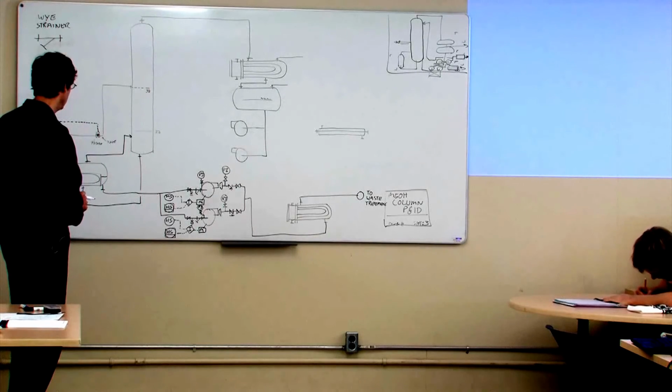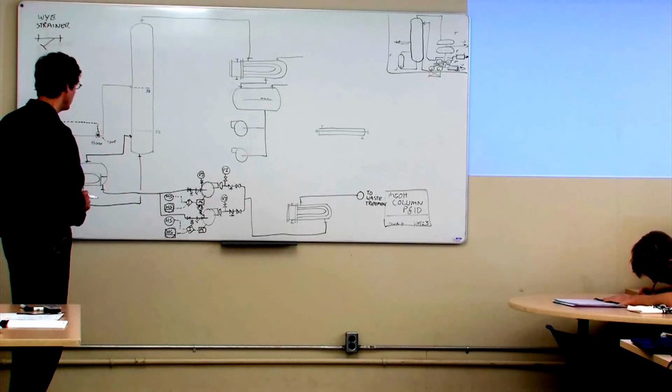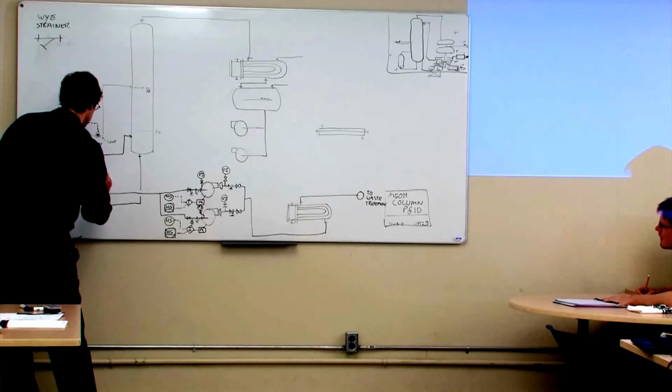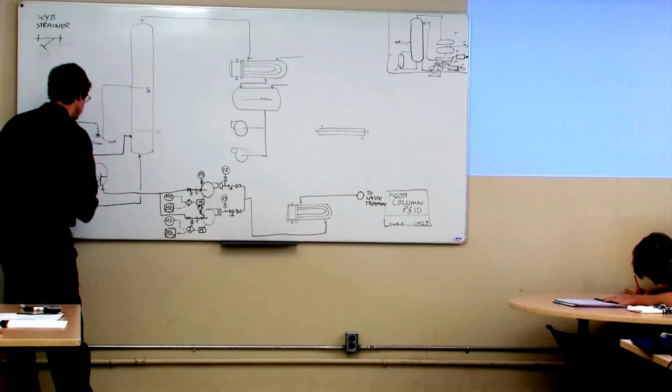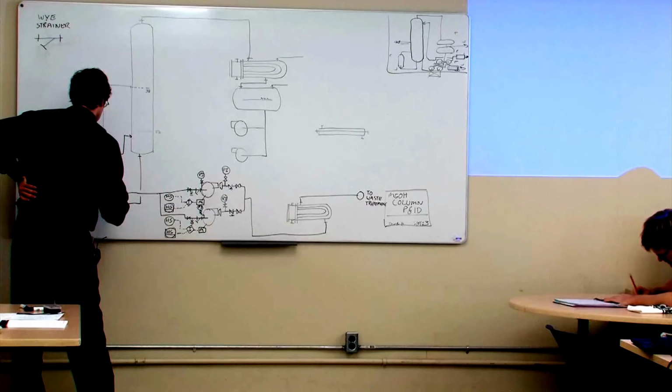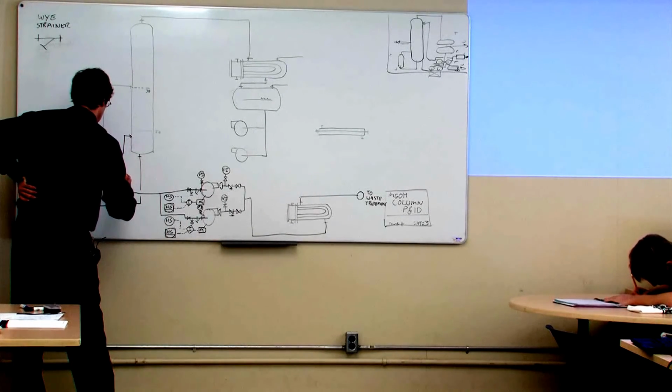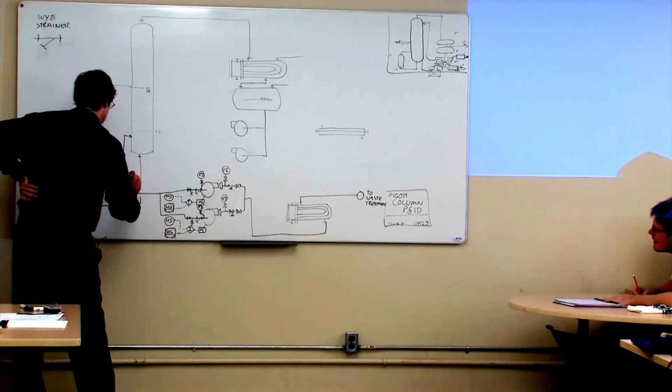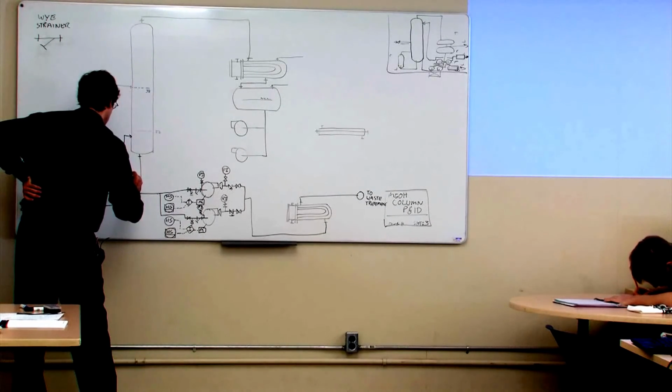And we might as well pick up the temperature in the kettle reboiler as well. So I've got my weir in there. I need to make sure I got lots of space here. I'm going to put a sight glass in, and that might be a magnetic sight glass so that I don't have to worry about breakage.